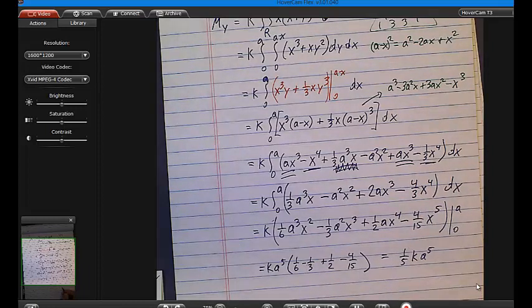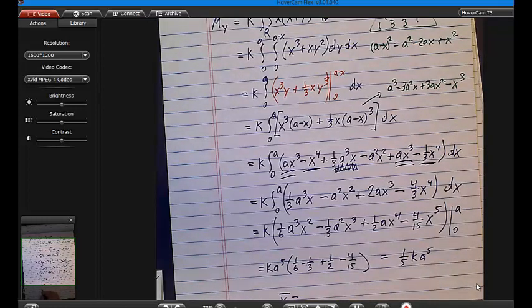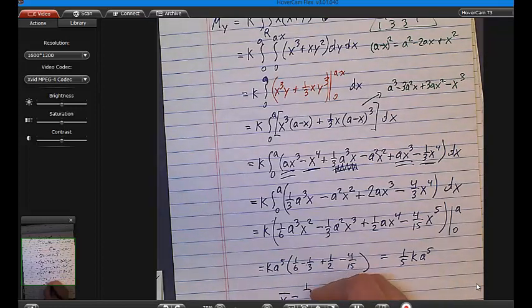Pretty sure. Okay. On the other page, what did we have? We had little m, 1/6 K A to the 4th. Okay, so x bar is 1/6 k a to the fourth divided by 1/5 k a to the fifth.